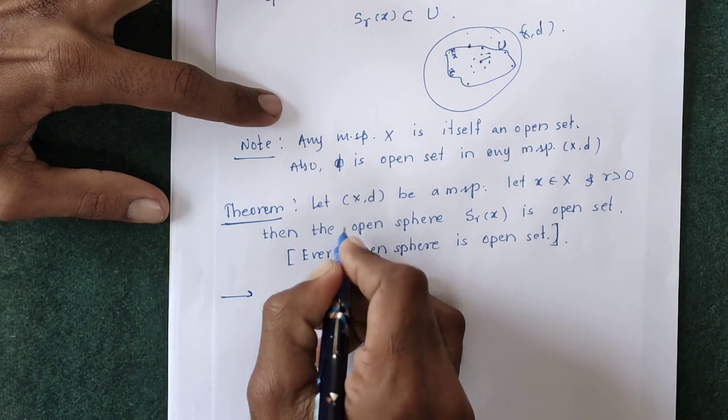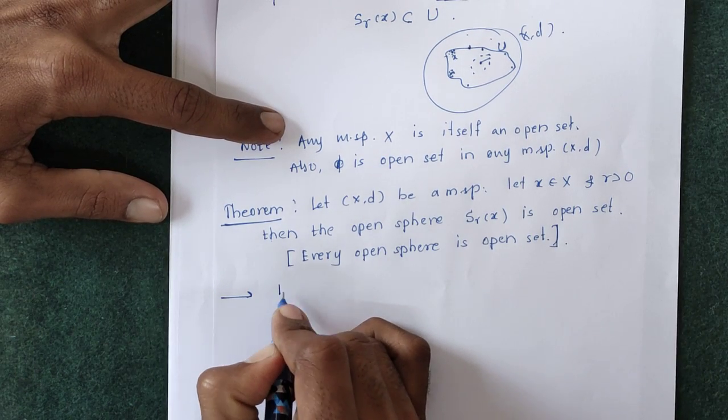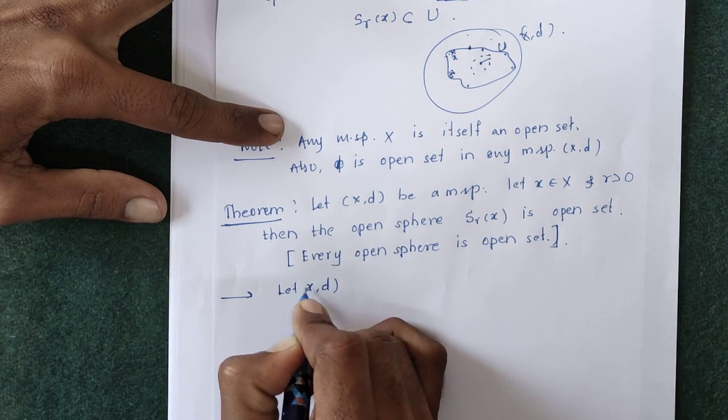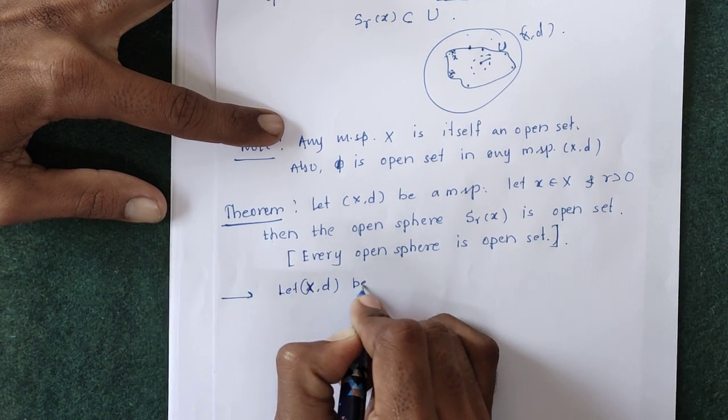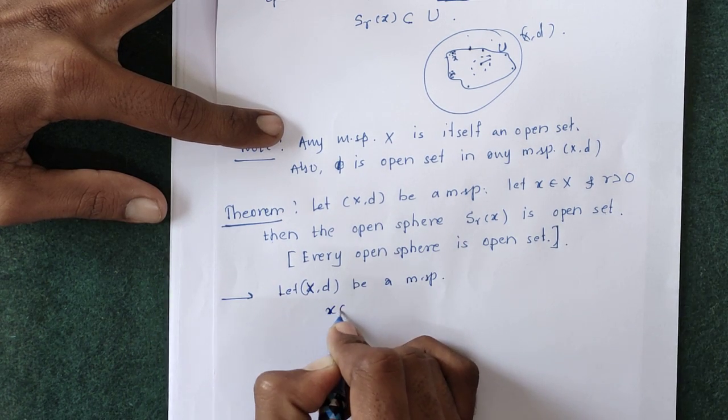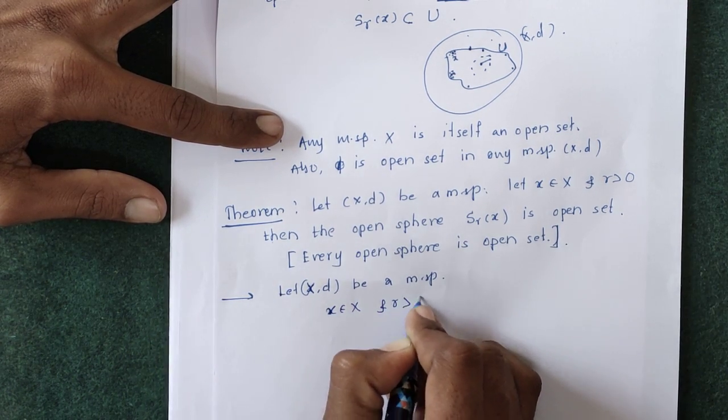We are given that (X, d) is a metric space, x belongs to X and r greater than 0.